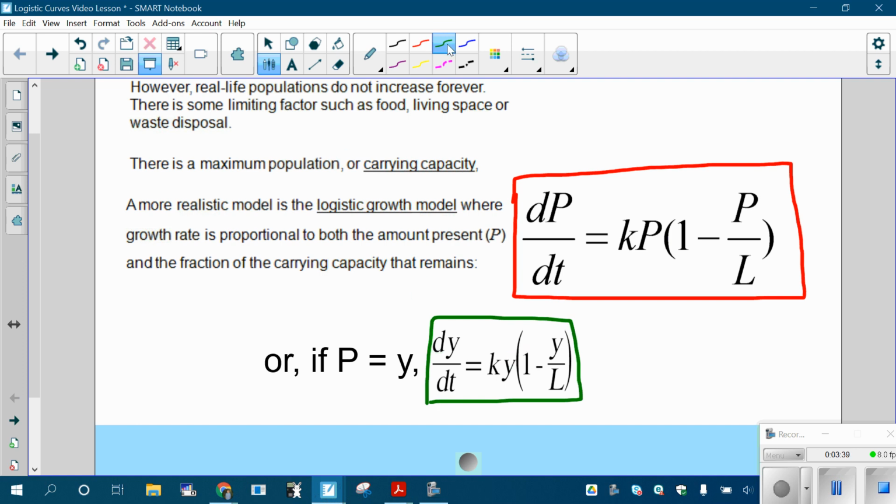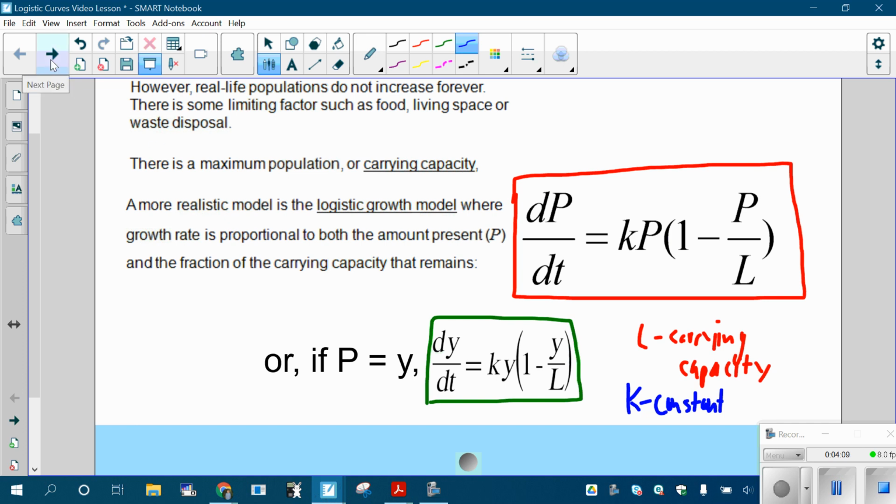Okay? We do need to talk about a couple of the variables here. Here, L is the carrying capacity. We mentioned that. So obviously that's going to impact the situation. And there's also a constant k that changes based on the model. Okay. Cool. So if you encounter this type of differential equation, its solution is a logistic function.